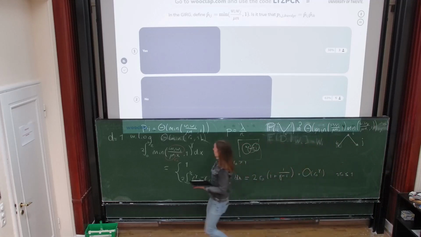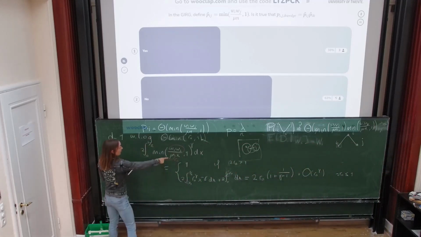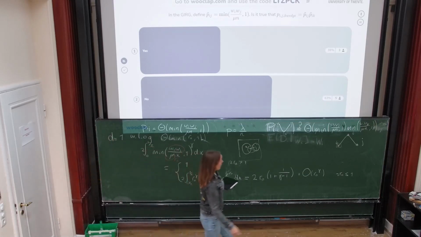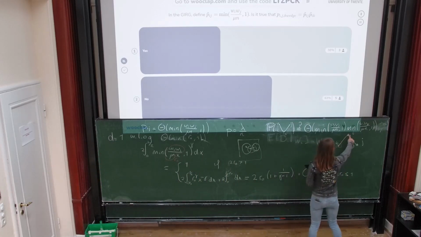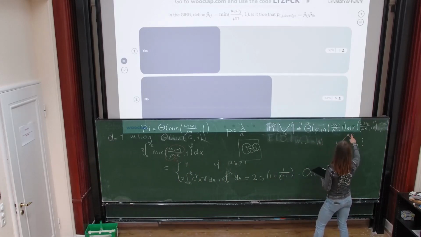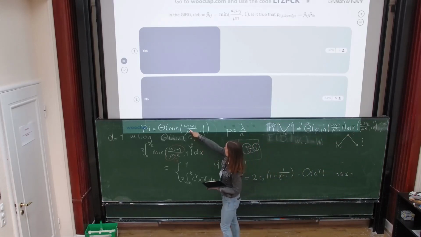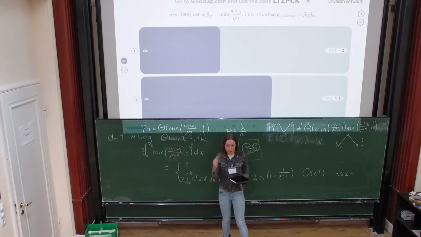Then you can apply the exact same integral using the uniform distribution, and by replacing J with K, you get the same thing: the minimum of Wi Wk divided by mu n.